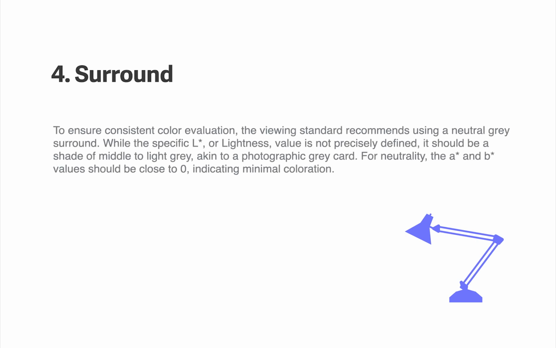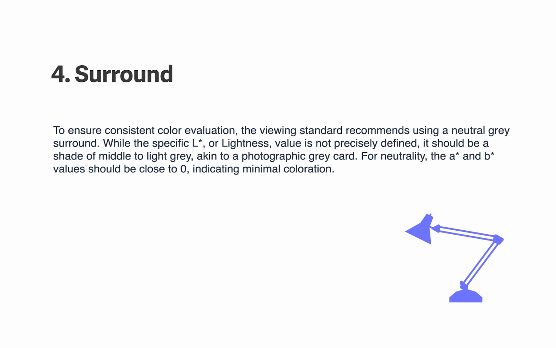The perception of color can be influenced by the colors of surrounding objects, whether through light reflected off of them or through their proximity in our field of view. To ensure consistent color evaluation, the viewing standard recommends using a neutral gray surround.